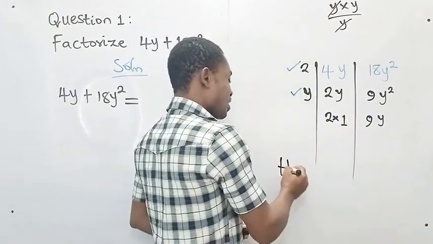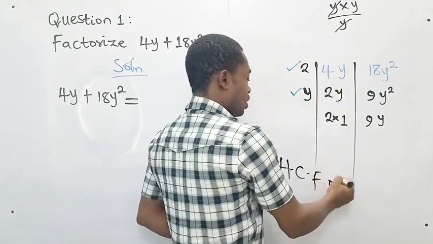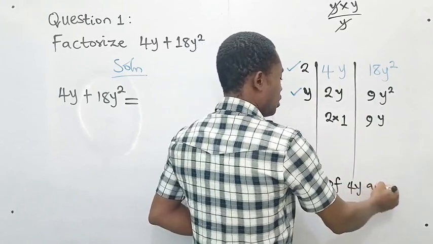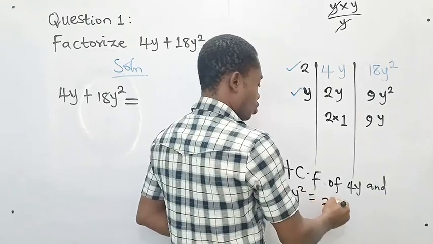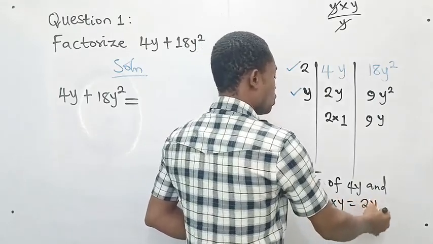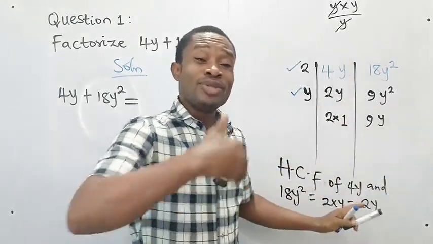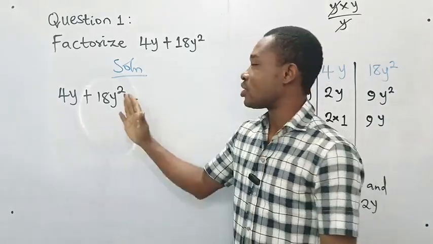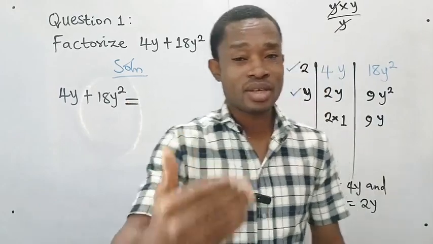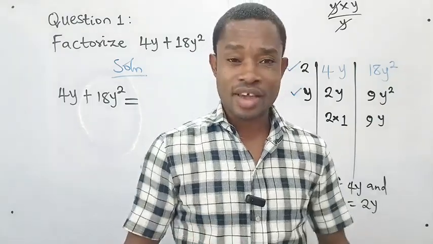We can answer that the highest common factor of 4y and 18y squared is equal to 2 times y, which is simply equal to what? 2y. You see, I've just shown you how you use the knowledge of HCF to get the common factor here. When you're talking about common factor, it is simply the highest common factor. Are you following right? It's simply the HCF.